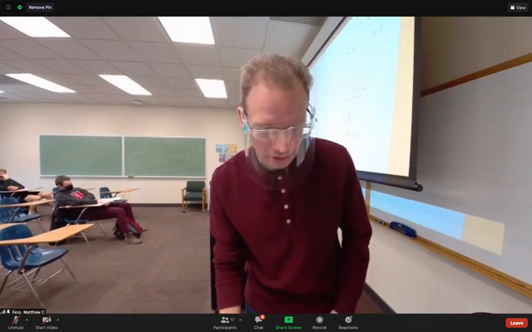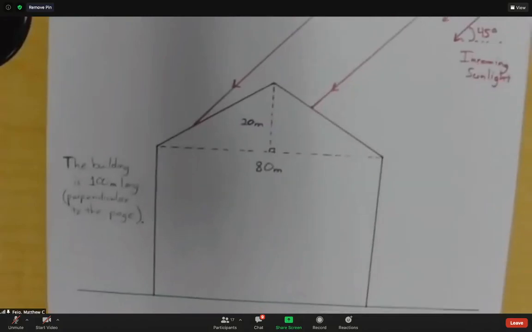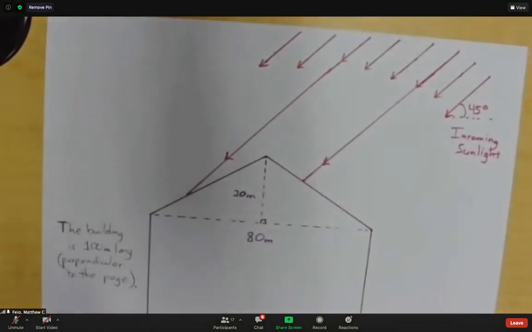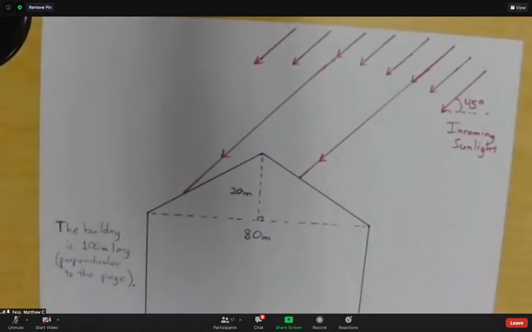Now let's do this guy here. Here we don't have a magnetic field, but I tried to use the same color. We have something with a direction and a strength to it, and that's represented by the sunlight here. I'm going to give you a number for the sunlight. It's going to be very different units than magnetic field units.